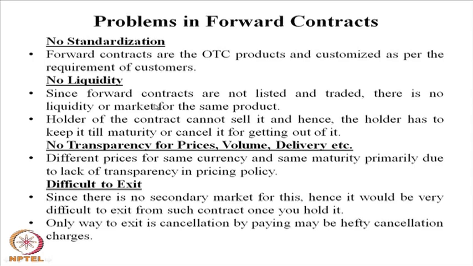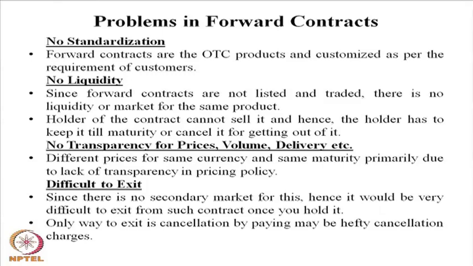There is no secondary market for forward contract, since it is an OTC product. And there is no transparency, because which authorized dealer is charging what kind of prices, nobody knows that. There is no exchange which can provide the quotation for the forward contract. So, the transparency is very less in forward contract.